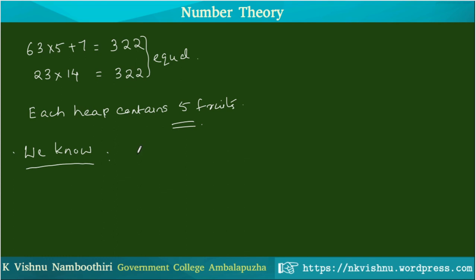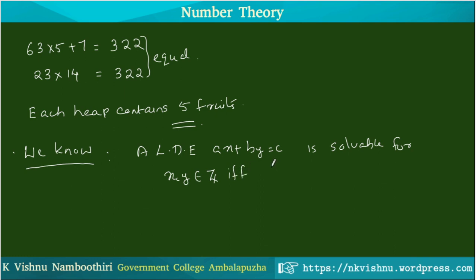So we know this. A linear Diophantine equation ax plus by equal to c is solvable, meaning there exist integers x and y in Z, if and only if d divides c, where d is the GCD of a and b.